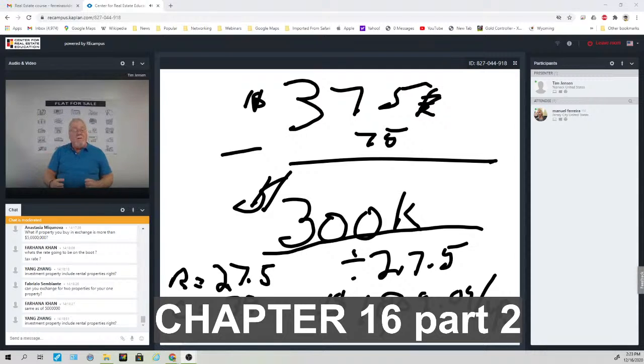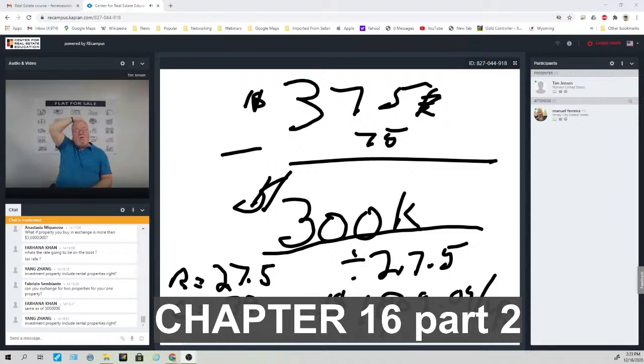So there's a benefit of owning investment property through depreciation. But that's for property that's got an economic life of 27.5 years. What if it's 39 years? Then I'd take 300,000 divided by 39 years for an annual tax write-off of $7,692.31.